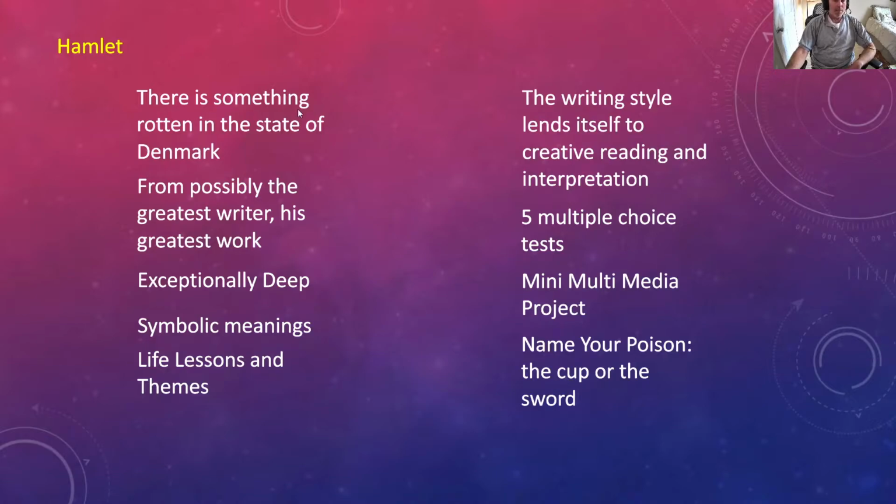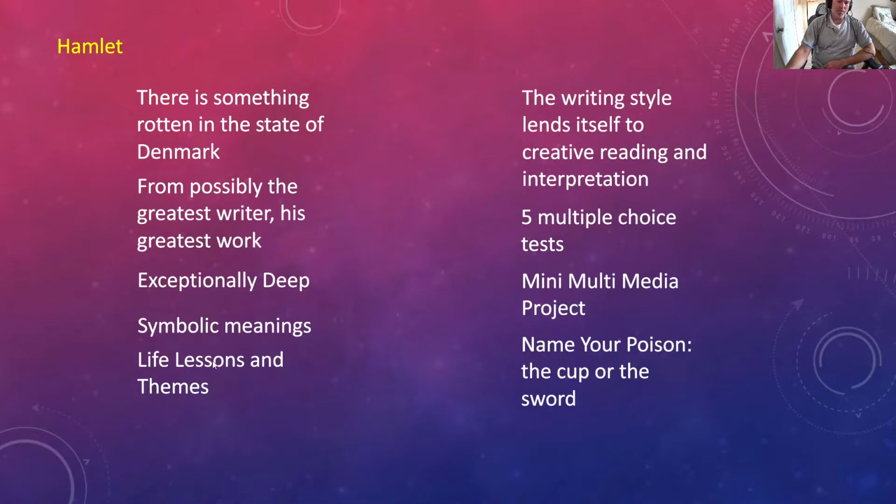There is something rotten in the state of Denmark is the famous quote about Hamlet, and there's also the to be or not to be speech in there, and it's just really an amazing piece from possibly the greatest writer. His greatest work would be, some people would claim that. It's exceptionally deep.